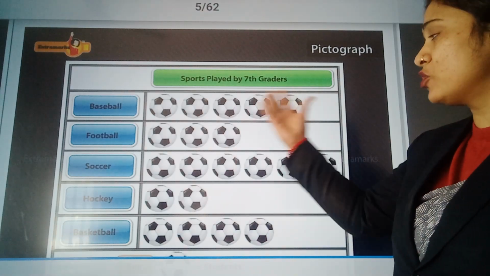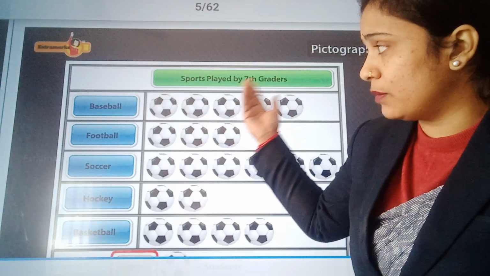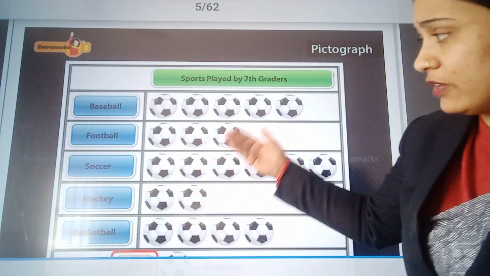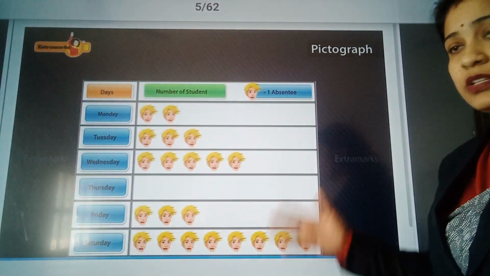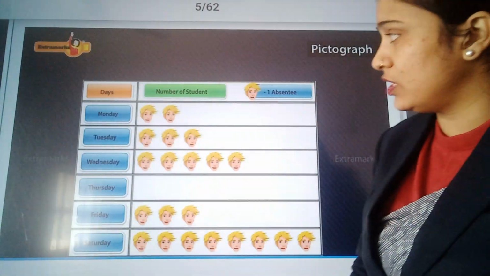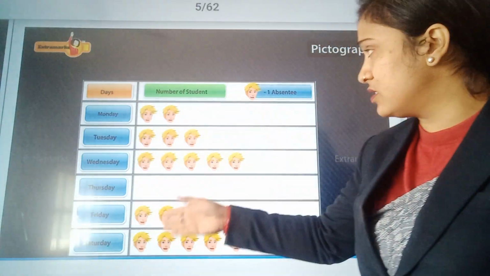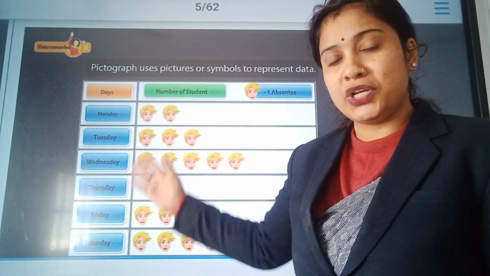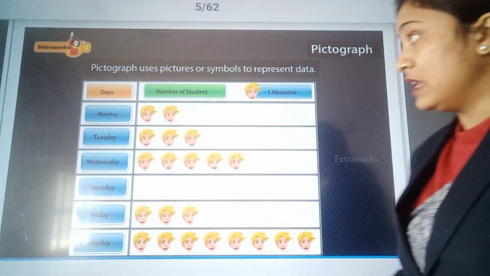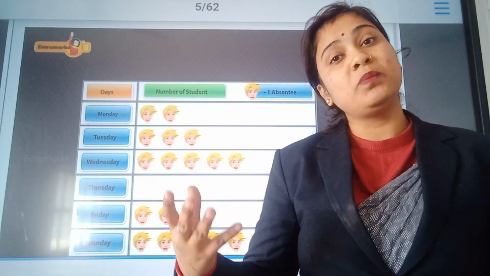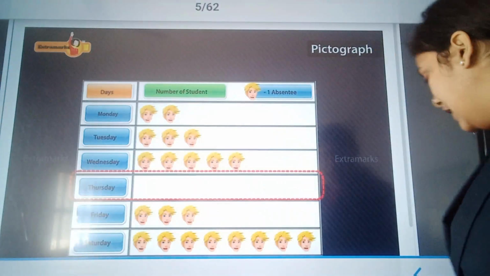This is how the sports played by the 7th class students are shown, how many love baseball, then football, soccer, hockey, basketball and all. And this is how we represent the number of students present on Monday, Tuesday, Wednesday, or absent on Monday, Tuesday. Any data we can record and represent in the form of a table. The same data can also be represented in a pictorial form, which is known as a bar graph.